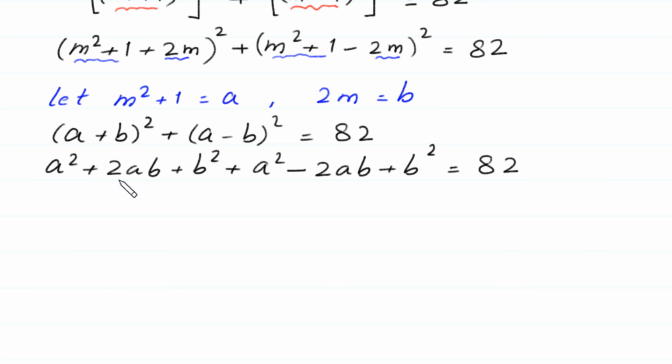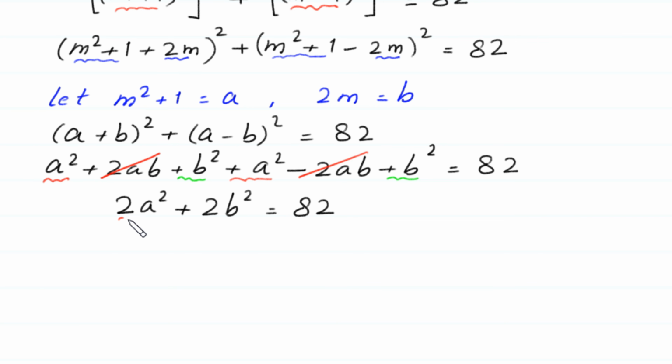Now this positive 2ab will be cancelled with this negative 2ab, and this 1a squared plus this 1a squared is 2a squared, and this 1b squared plus this 1b squared is 2b squared, is equal to 82.